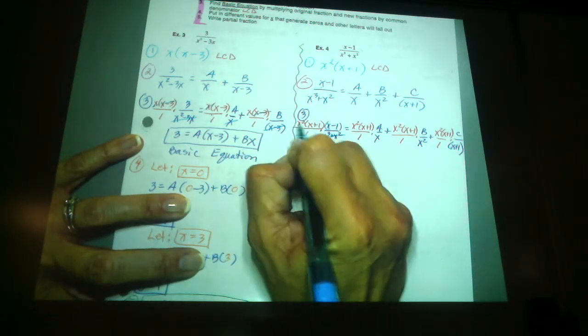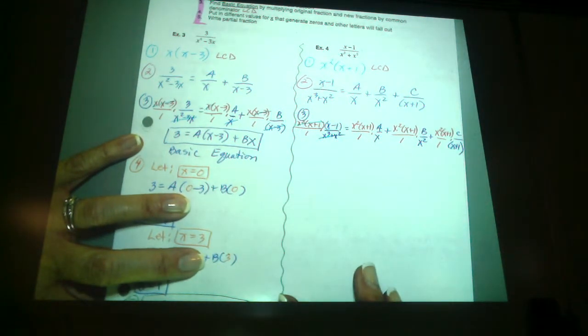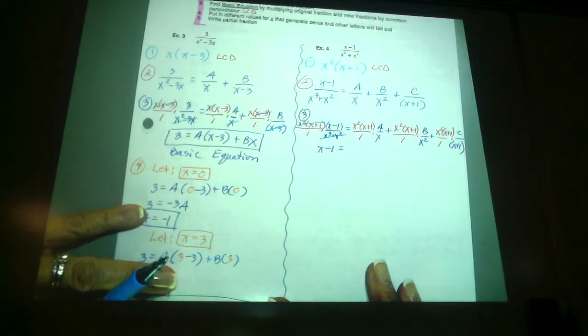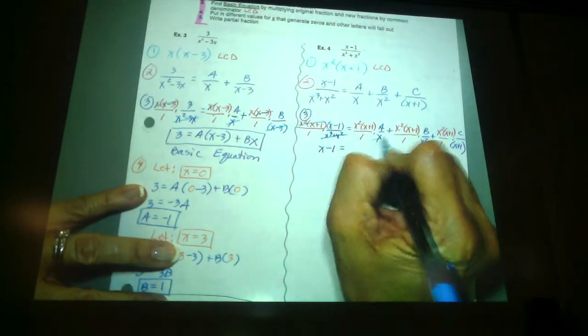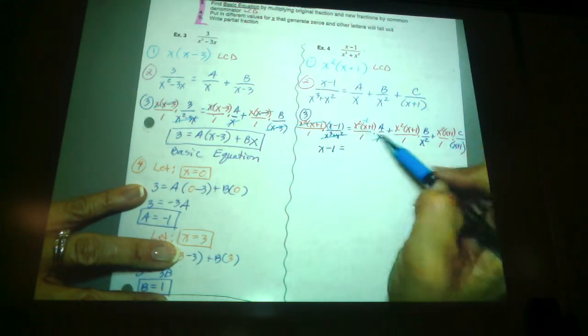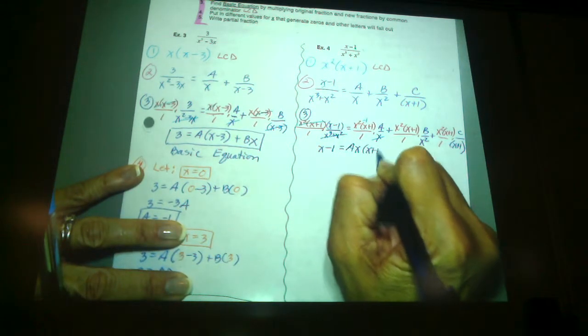Then we start canceling, and the denominators had better all cancel out. So this entire denominator cancels with both of those factors, and we are left with an x minus 1 on the left. And then this x cancels with just one of those x's up there. So I have an x plus 1, and an a. I choose to put the a first, then the x plus 1.